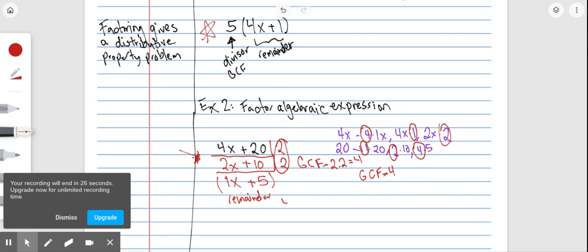So 4x plus 20, that's the original expression, is equivalent to the GCF times the remainder down here, 1x plus 5. Okay. So while you can factor using factor pairs, it is easier if you do it with the ladder method, which is why I do it that way.